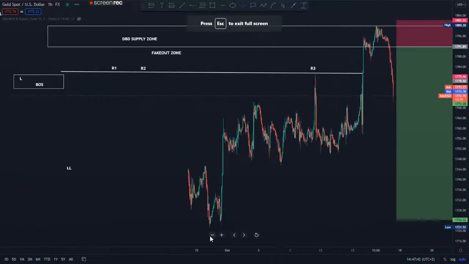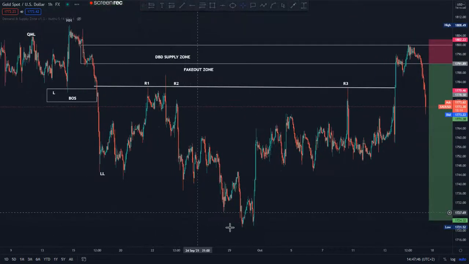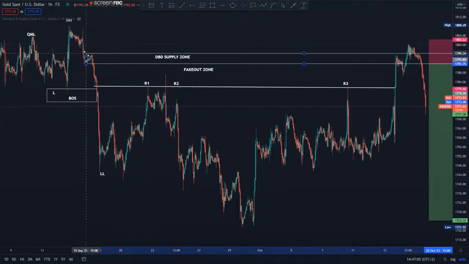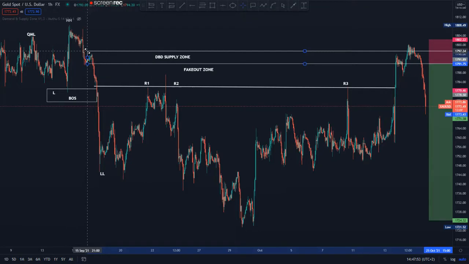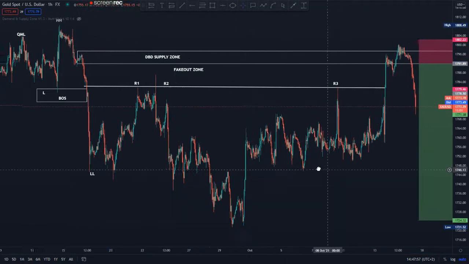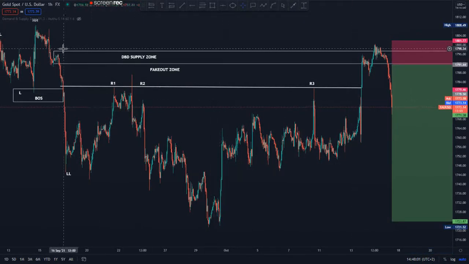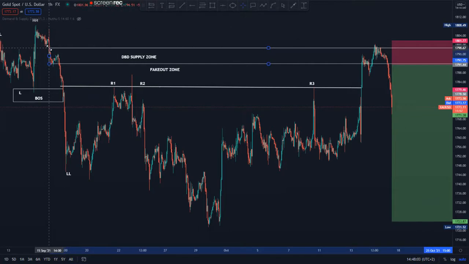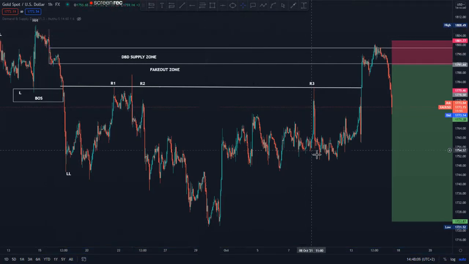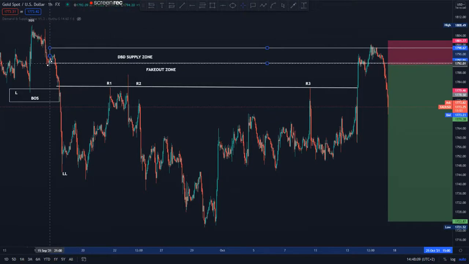Yeah, so you guys can see from this level, this is a drop base drop. So you have to make sure that you take care of your downside. Make sure that you are putting your stop loss at the level where the market is most likely to respect.